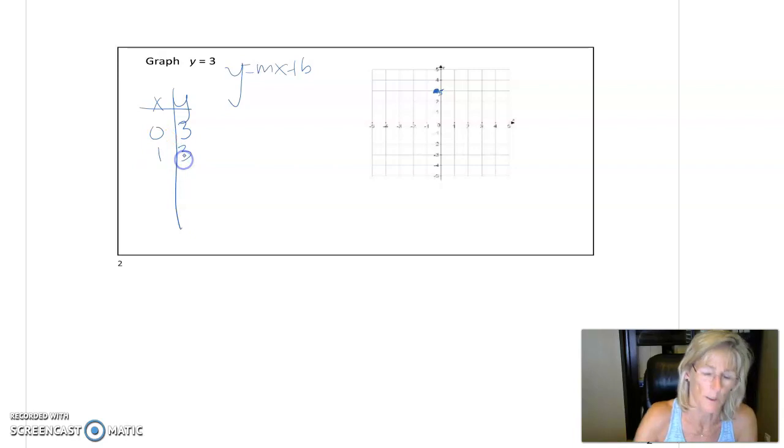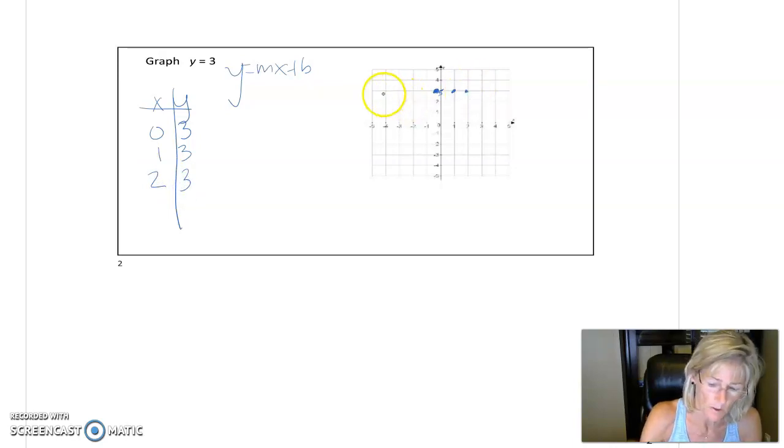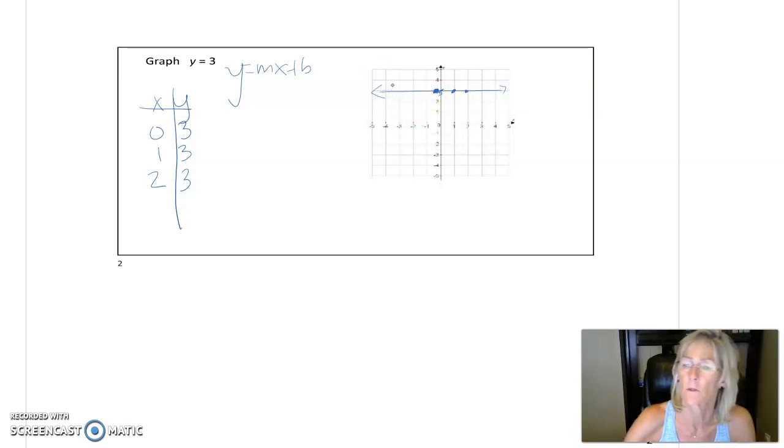And it has to be a 3. No matter what the x value is, y always has to be 3. So (1, 3). I could plug in 2, and no matter what, y has to be 3. So (2, 3). And you can see that this will be my horizontal line.